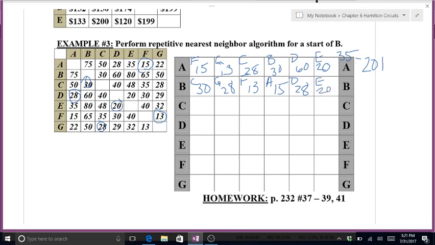And from E back to B, that's 80. Okay, so we've got 30, 28, 13, 15, 28, 20, and 80. We're looking at 214 here.